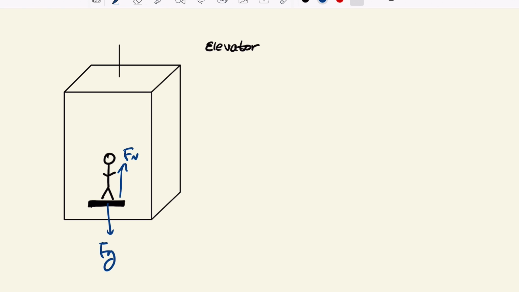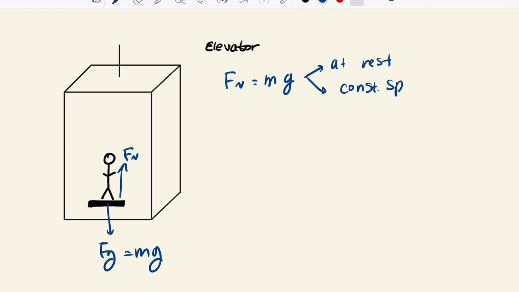However, again, because the scale is not measuring the mass but the normal force, the number in the scale is changing. The normal force is equal to mg when the elevator is at rest or moving at a constant speed.